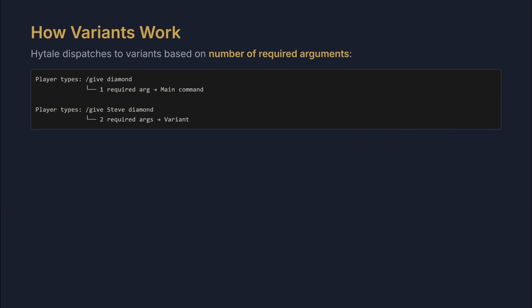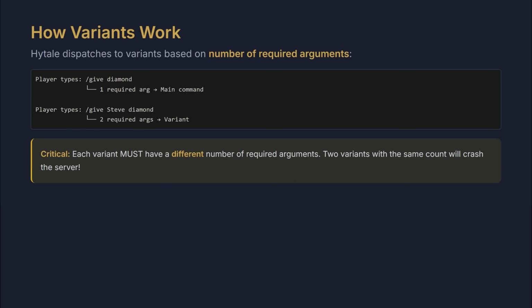So the first one is the main command, and the second one would be the variant. Each variant must have a different number of required arguments. Two variants with the same count will crash the server. A variant is different from an alias, which also exists in Hytale.